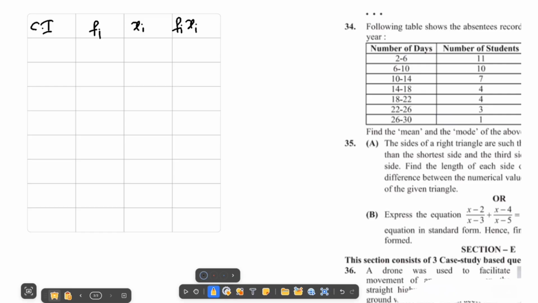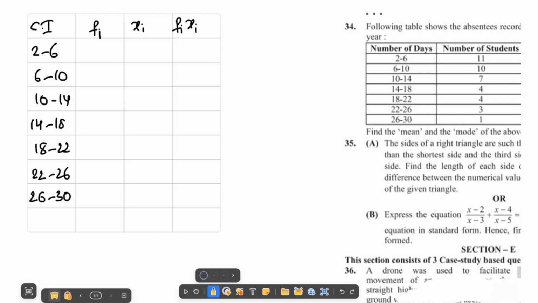So what are the class intervals? 2 to 6, 6 to 10, 10 to 14, 14 to 18, 18 to 22, 22 to 26, 26 to 30.